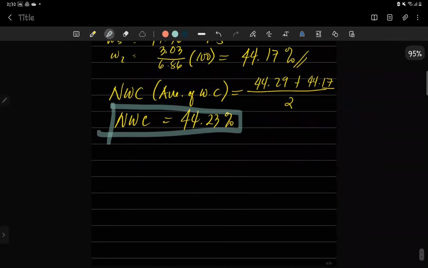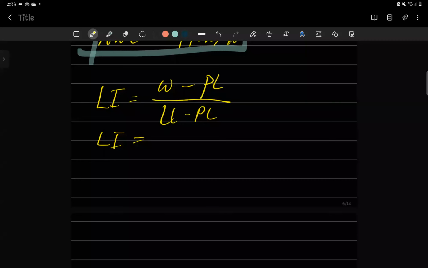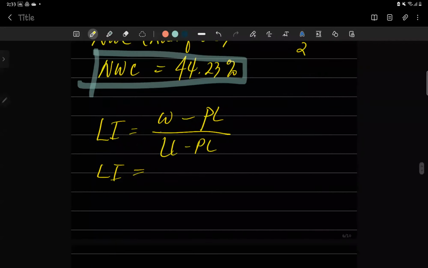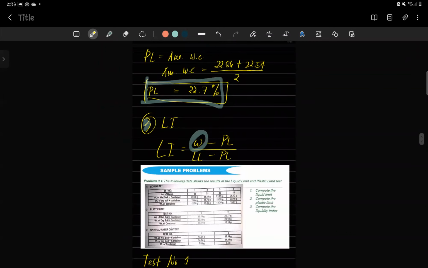So we can solve now for LI. We have our LI, which is equivalent to the in situ natural water content minus PL, or plastic limit, all over LL minus PL. So let's substitute the values. We have our natural water content of 44.23 minus the plastic limit that we solved a while ago, 22.7.